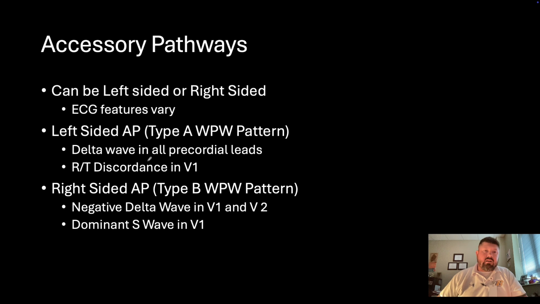Left-sided accessory pathway, also known as a type A Wolff-Parkinson-White pattern, you see a delta wave in all precordial leads and an RT discordance, or you've got an upright R wave and an inverted T wave in V1. For the right-sided, you'll see a negative delta wave, often in V1 and V2, and a dominant S wave in V1.